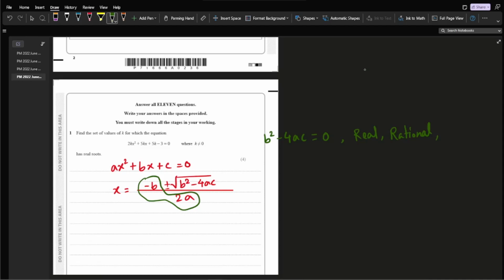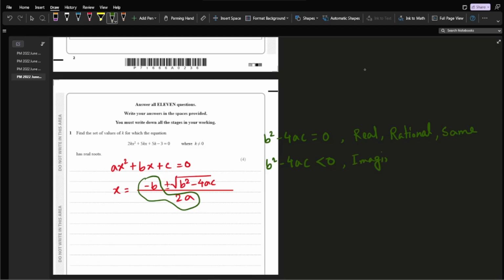Since we are eliminating the plus minus, we are left with one root, but since it's a quadratic equation, the power is 2, so we will always have two roots, but it turns out both roots are the same.